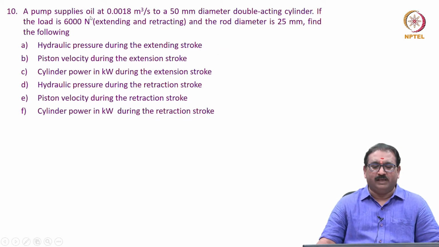A pump supplies oil at 0.0018 m³ per second to a 50 mm diameter double acting cylinder.